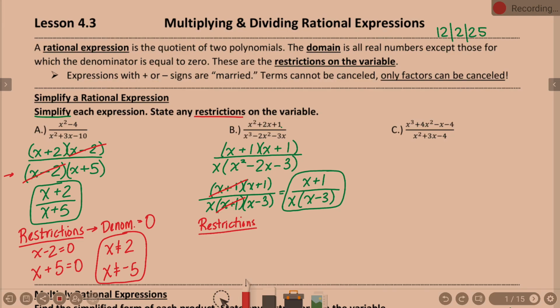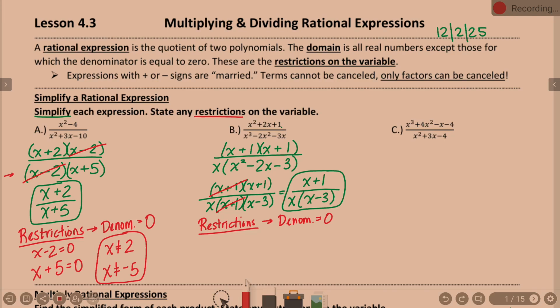Okay, how do we find our restrictions on the variable? Set your denominators equal to 0. Okay, as I said earlier, use your factored form before you canceled anything out. I wouldn't go back to the original, where you only had GCF.